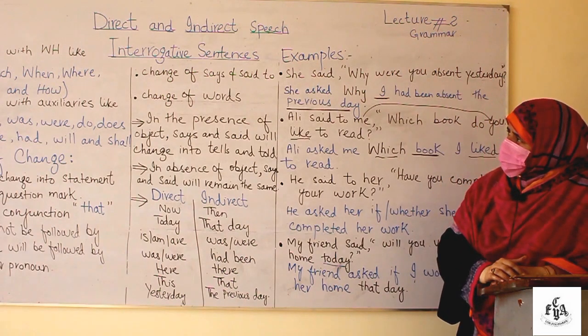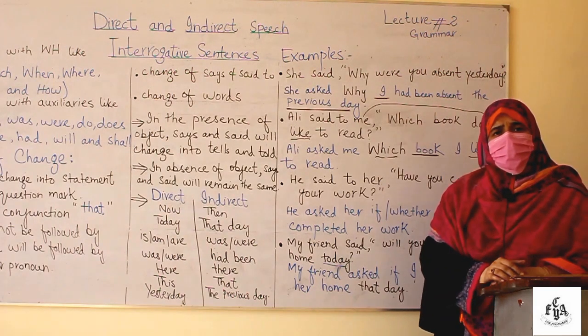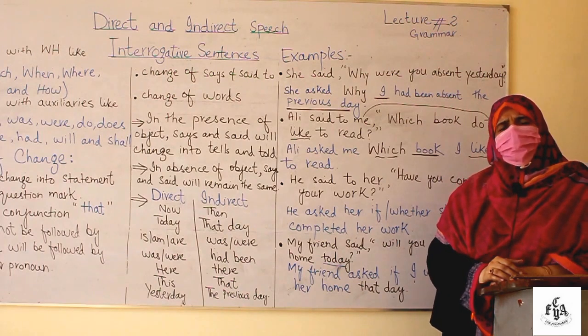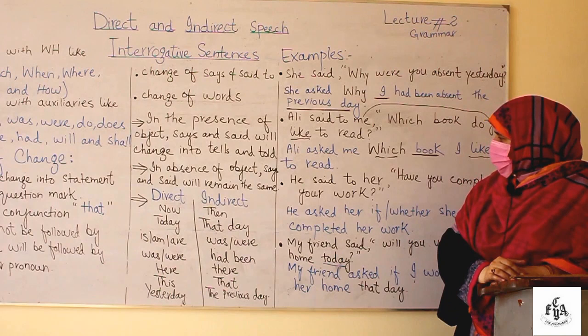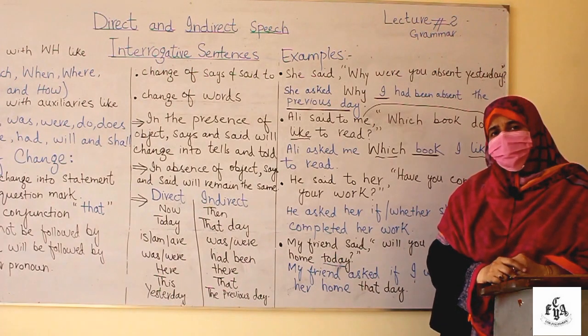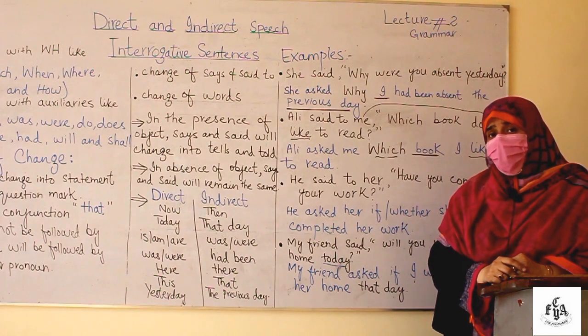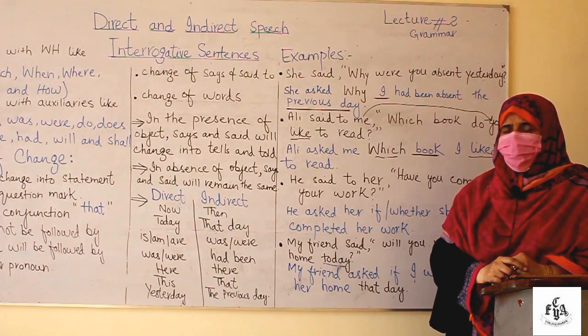Now we are having which, we did for which, and then we are having when. My friend said to me, when you are going to visit my home. My friend asked me when I had been going to visit her home.